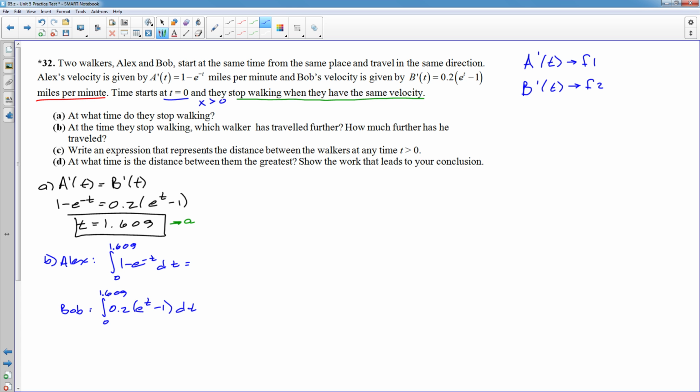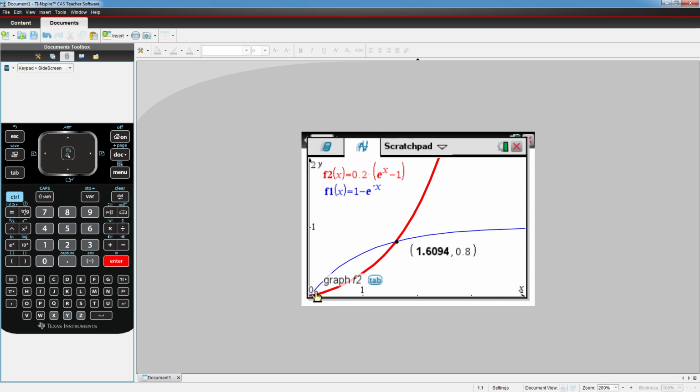Now looking at the graphs, I can tell that F1, which is Alex, had a higher velocity. So I can look at the graph and tell that Alex is going to walk further. Now we need to figure out how much further, and we'll do that with the antiderivatives.